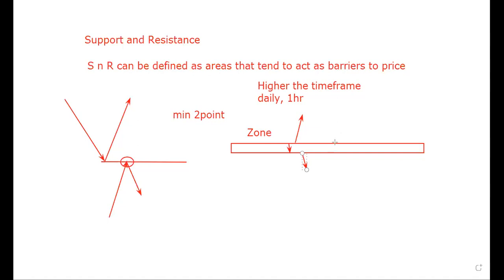And what do you take cognizance of when you're talking about the zone? You take cognizance of the tip of the body as well as the shadow of that price. So that you see a candle doesn't mean that it is only the body of the candle you take cognizance of. If we have a body here, and let's say we have the shadow here, I will take cognizance of both the shadow and the body, because for you to see a shadow, it means that price got there.